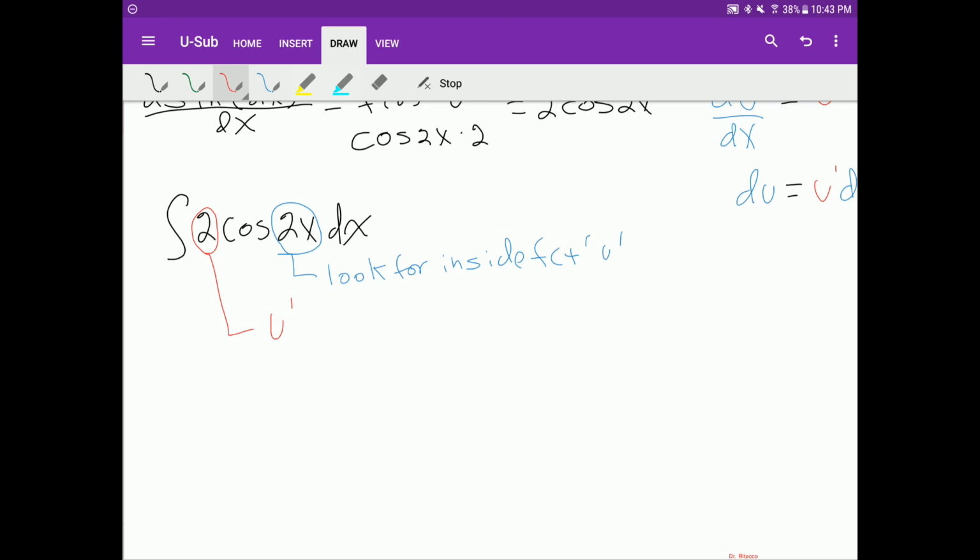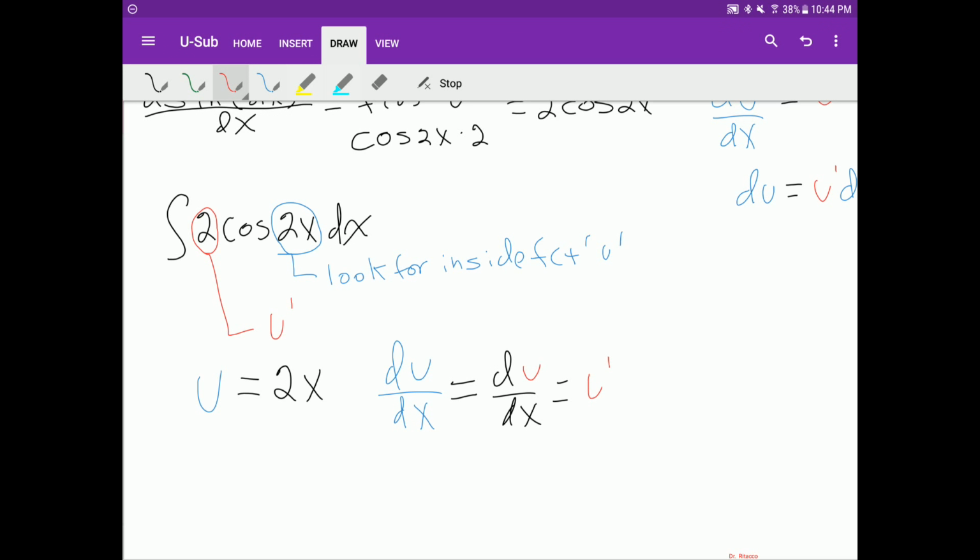So now we've established that u is equal to 2x. When we do our substitution, where we see 2x, we're going to put u. And now du dx is equal to the derivative of u with respect to x, also called u prime.